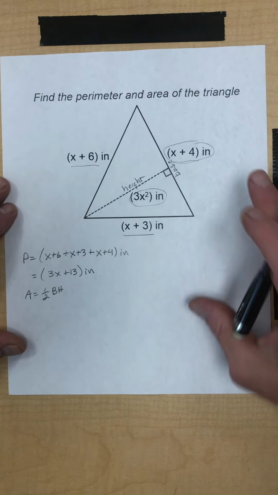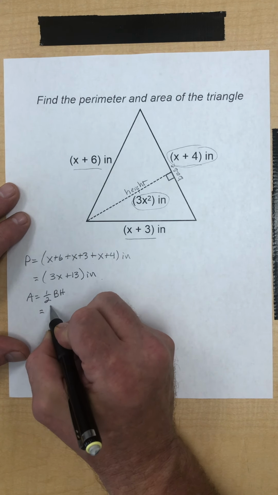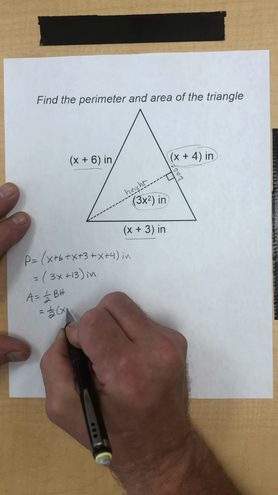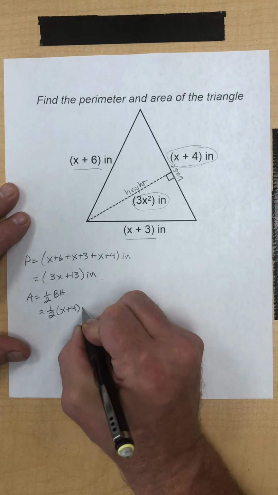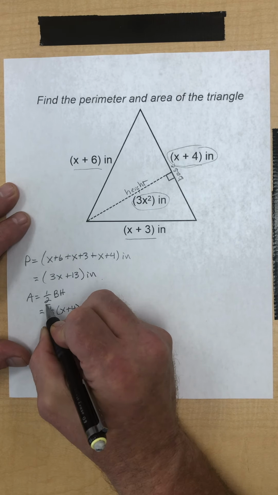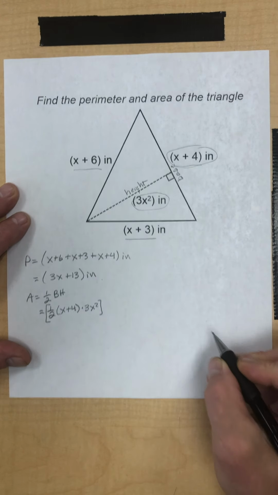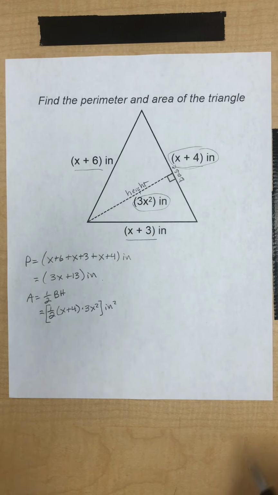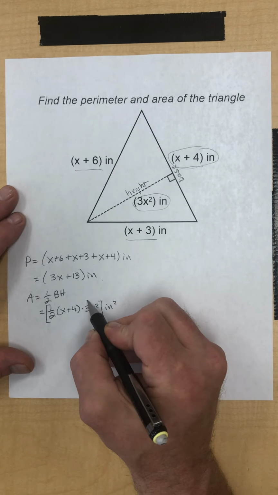Okay, so let's see. So we have 1/2 times the base, which is x plus 4, times the height, which is 3x squared. And it's this whole thing with squared units, so it'd be squared inches. Now I look at that guy, and I'm going to distribute the 3x squared first.